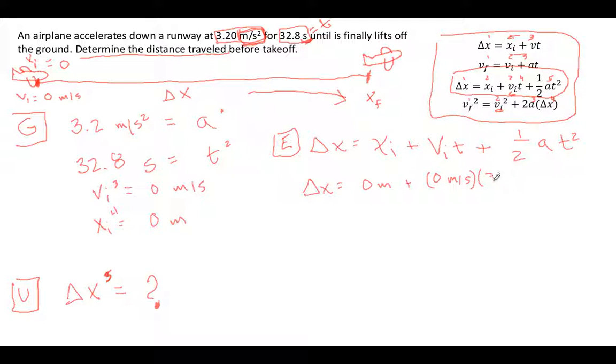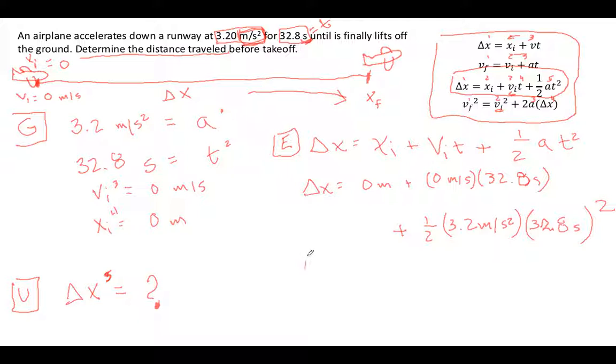T is 32.8 seconds. And then plus 1/2 a. What's a? 3.2 meters per second squared times t squared, which is 32.8 seconds, and then that's squared.